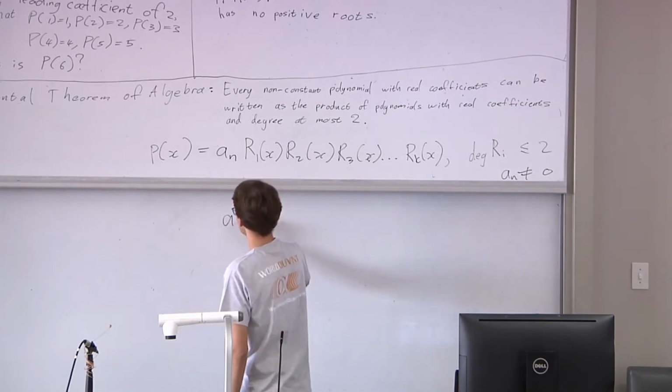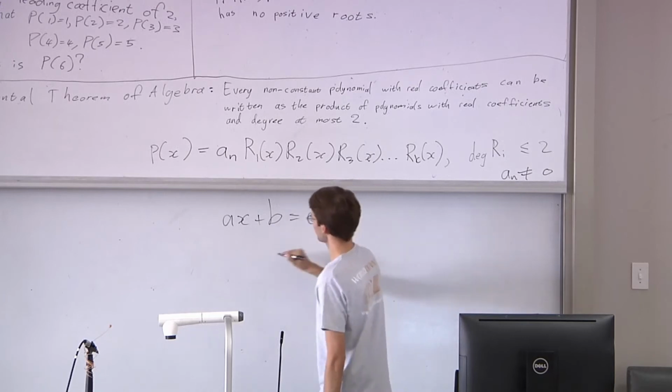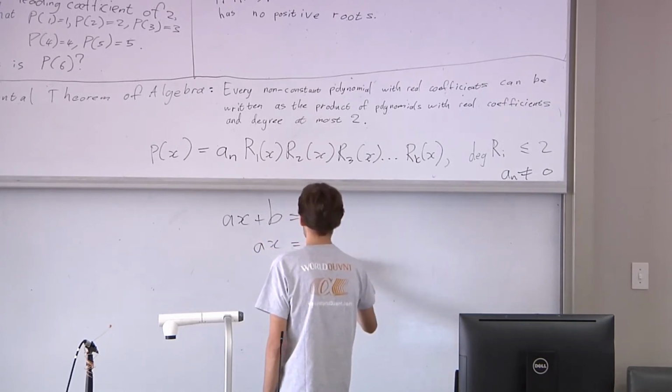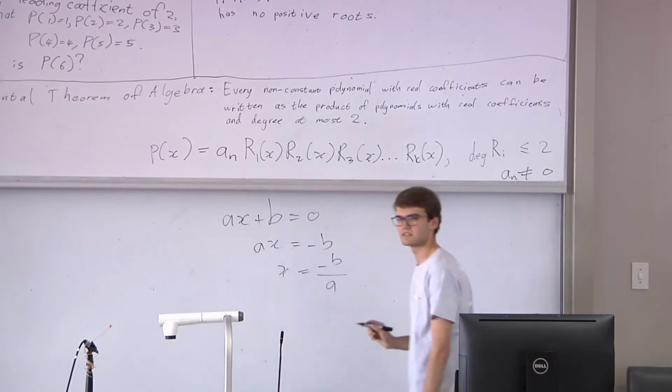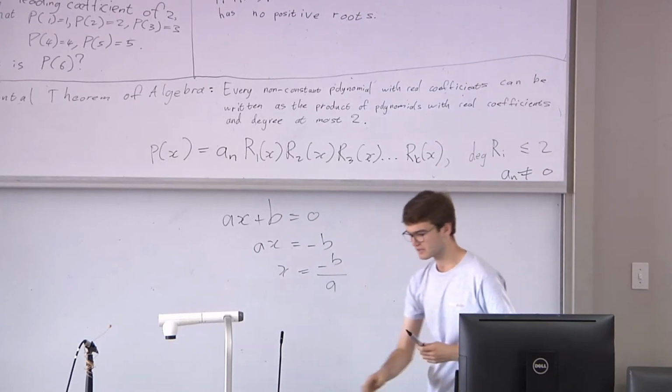A linear polynomial is one of the form ax plus b. If you let that equal 0, you get ax is minus b, so x is equal to minus b over a. Cool, I'm sure you all know how to do that part.